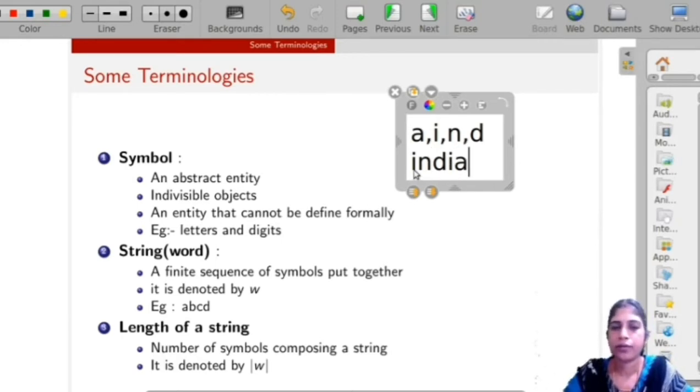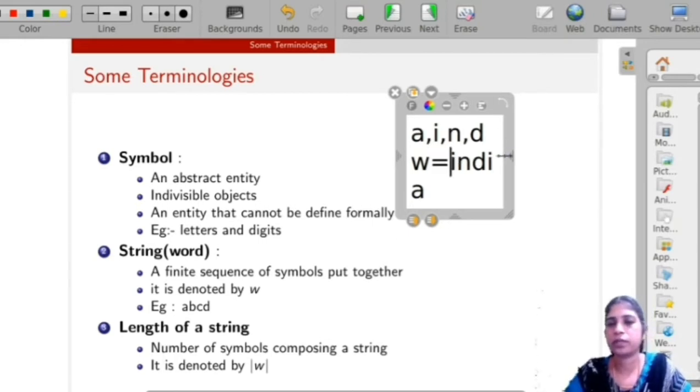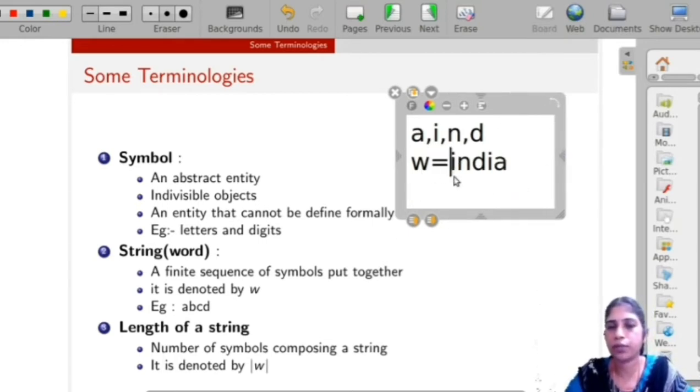So here a finite sequence of simples is put together, and that string is represented by the small letter w. So we can write w is equal to INDIA. India is a string.